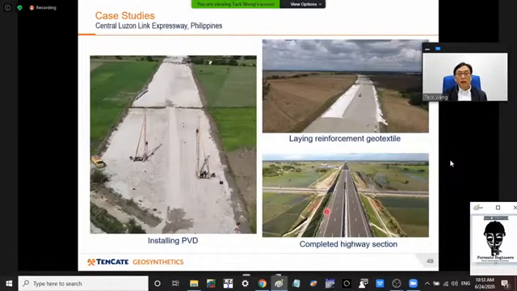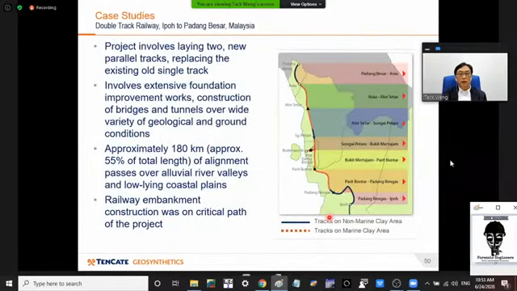The next case study I'd like to take you through is the double track project in Malaysia from Ipoh to Padang Besar. This double track passes through a lot of coastal plains. In fact, out of the 180 kilometers of tracks, more than 50% pass through alluvial river valleys and low-lying coastal plains.